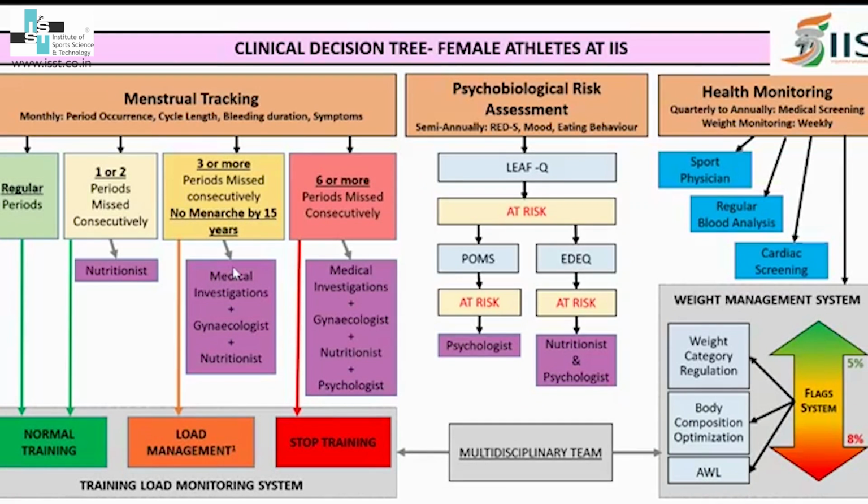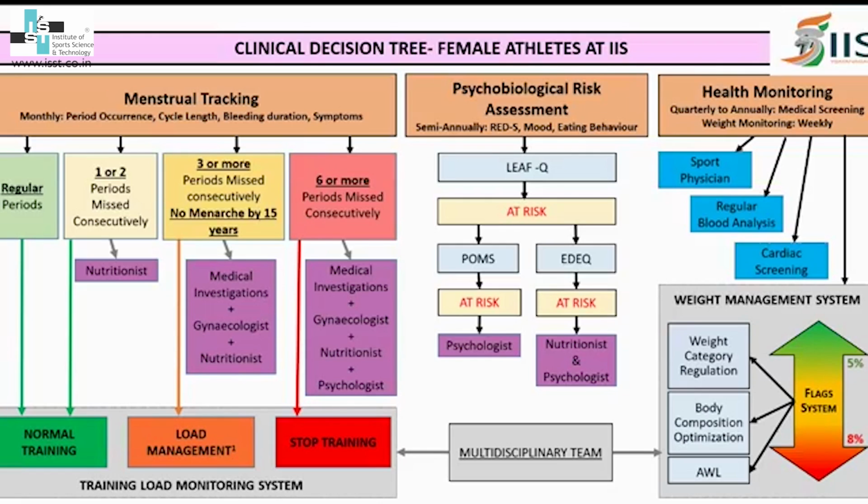So here is what our decision tree for the female athletes at IIS looks like. Don't worry, I'm going to explain and we're going to go through this slide. I know it's a little bit overwhelming and there's a lot going on here, but it's really very simple. What we are doing for an athlete is basically divided by time. There's a system that's going every month, which is menstrual tracking.